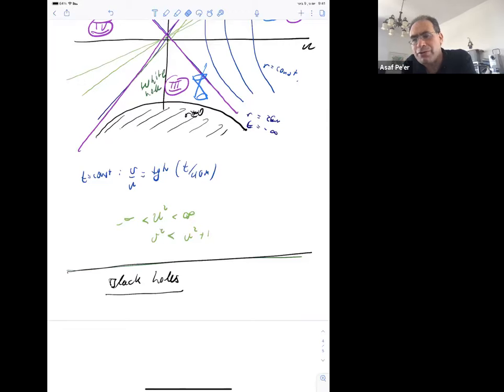But note that there is a huge difference here. Because the escape velocity, normally we talk about the initial velocity that we need to give to an object in order to escape it, right? So if I'm throwing a stone, I have to give it, I don't remember the exact value, right? You can calculate what is the initial speed I need to give the stone in order for it to fly out to infinity and escape the gravitational pull of Earth, right?